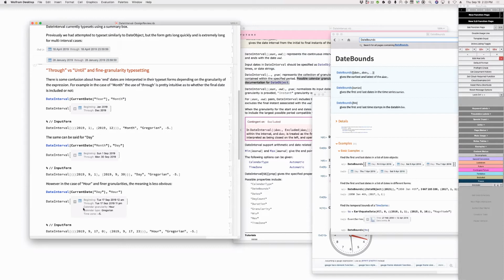The meaning is less obvious. Through in this case for days means you're going to get to the end of that day, right? Right. So Monday through Friday includes Friday, but Jose and I have sort of gone back and forth on this. Does until mean it stops at 11 p.m. or does until mean it goes through the hour of 11 p.m.? Yeah.